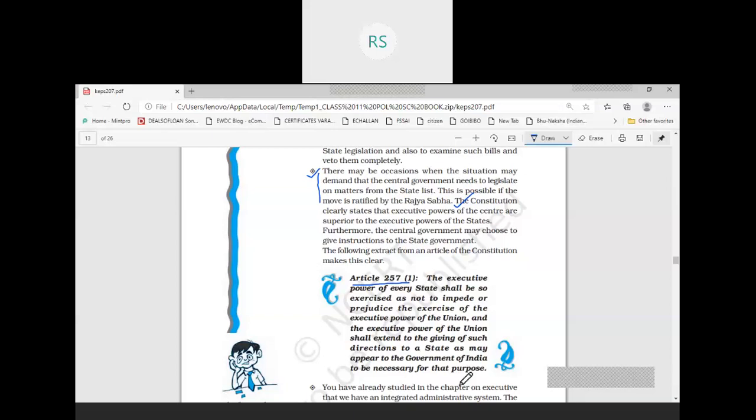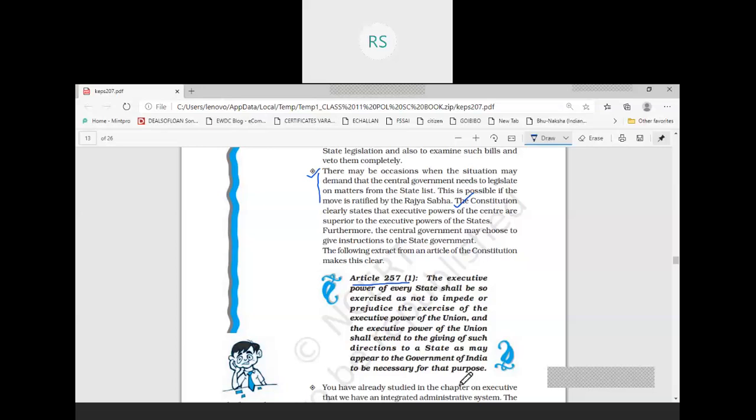So it is the instruction of the constitution that the executive power of every state shall be exercised so as not to obstruct the exercise of the executive power of the union.